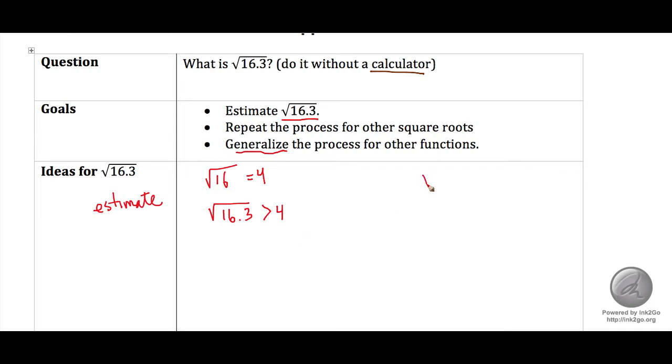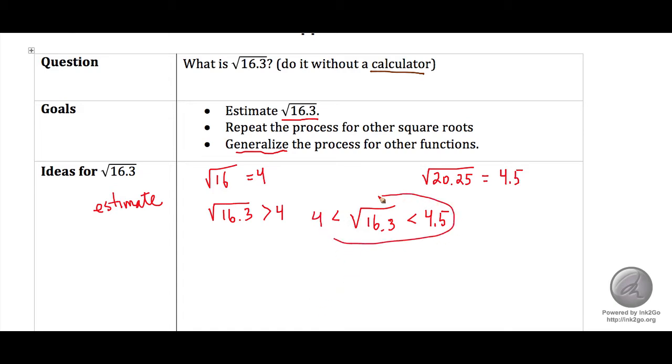If you are quite sharp with numbers, maybe you'll recognize that the square root of 20.25 is exactly 4.5. And so then we can say that the square root of 16.3 must be somewhere between 4 and 4.5.